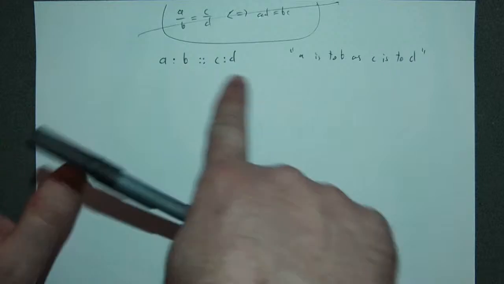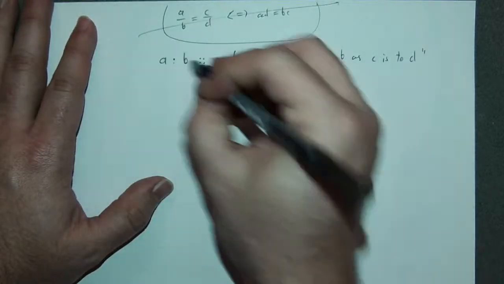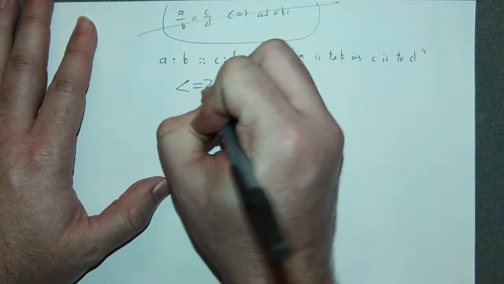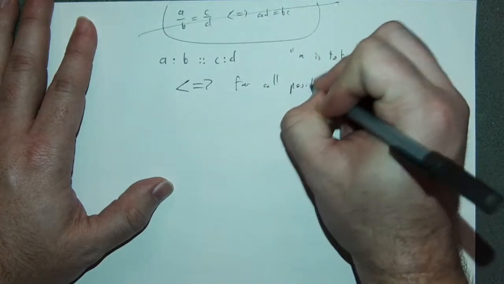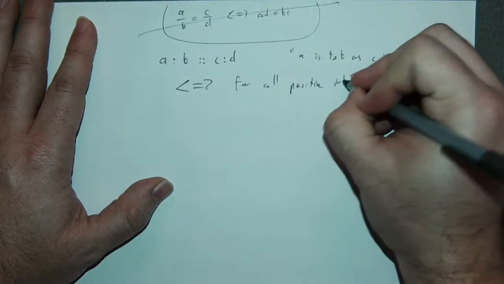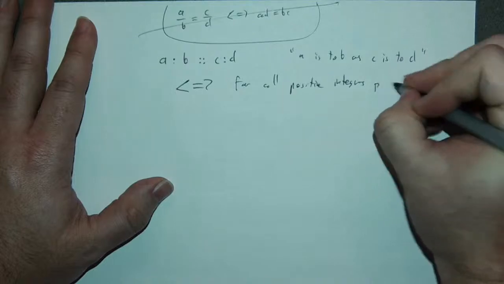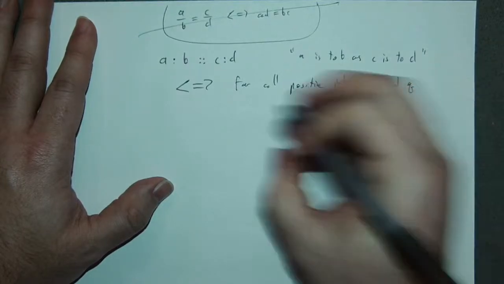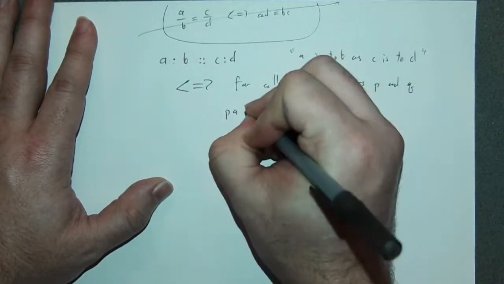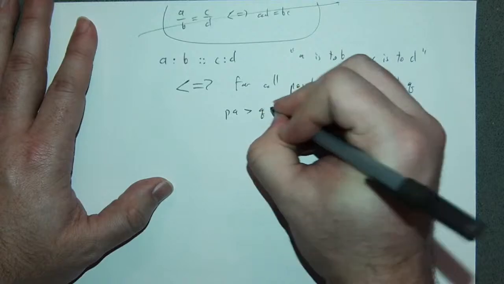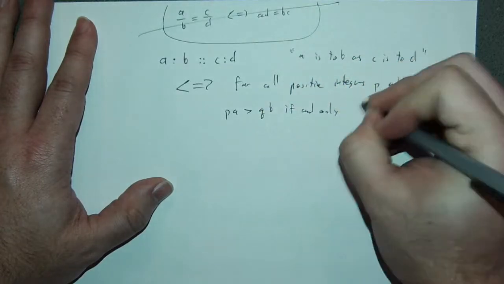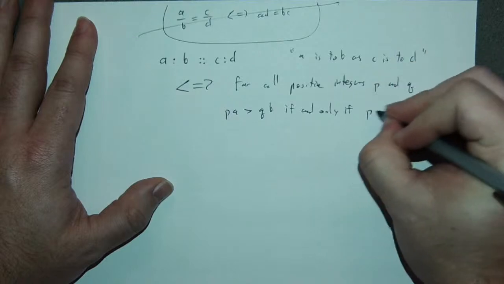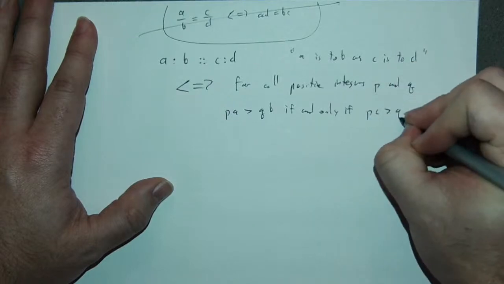So the definition he used is that A is to B as C is to D if and only if for all positive integers P and Q, PA is greater than QB if and only if PC is greater than QD.